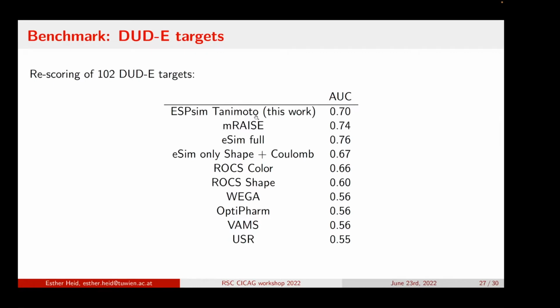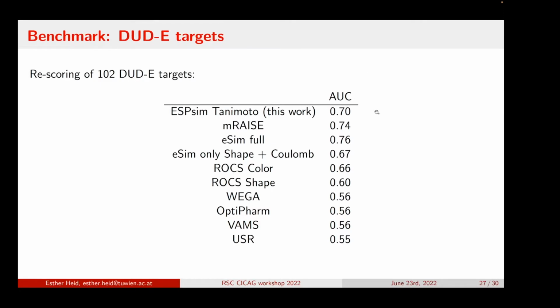And if you look into this list, MRACE and eSIM, so those 2 options that I talked about before a little bit, they are slightly better. However, if the eSIM code also has hydrogen interactions, so if you take away those hydrogen interactions, you just score shape and Coulomb, we're actually pretty comparable. And we are better than lots of other packages like ROX or Vega, Optifor, NAMS. You might have heard about some of them.